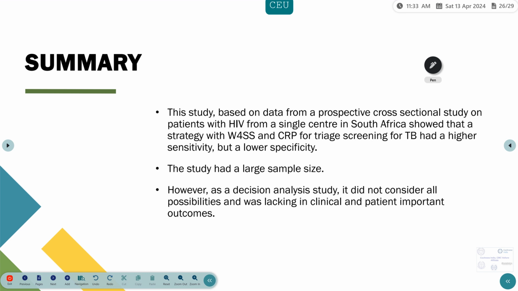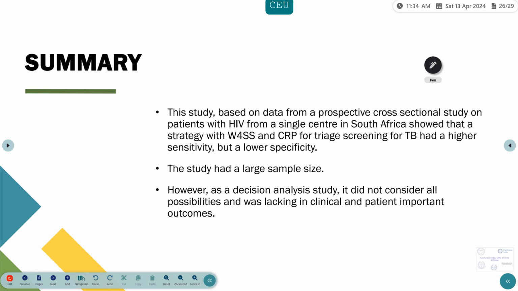Summarizing this study: based on data from a prospective cross-sectional study on patients with HIV from a single center in South Africa, it showed that a strategy using both the symptom screening tool and CRP is highly sensitive as a triage screening for patients with HIV and TB.